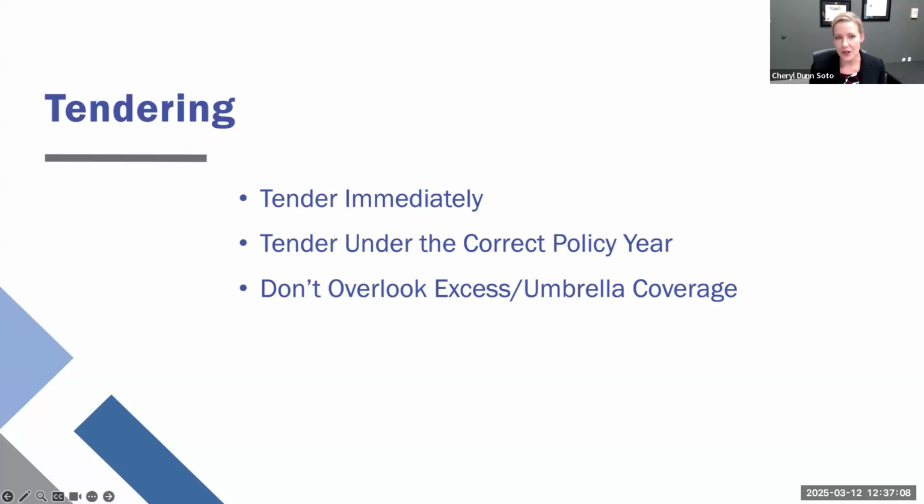It's not unusual for the underlying insurance, maybe a primary CGL, not to cover the occurrence, but an umbrella policy above it actually provides broader coverage and has a duty to defend. So it's not unusual for an umbrella carrier to step into the shoes of the primary insurer.